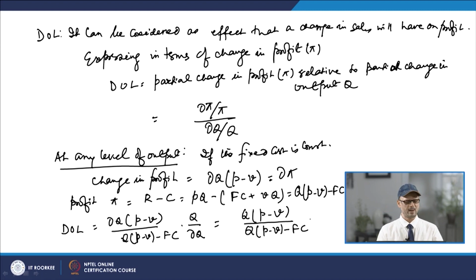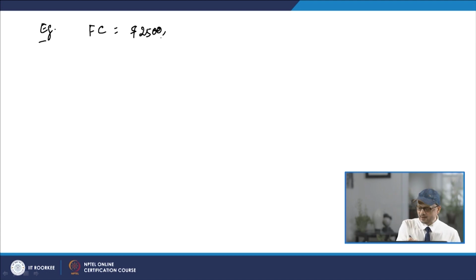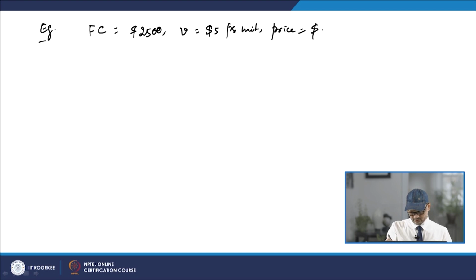Now, we can see by example. Suppose you are to find the degree of operating leverage, with certain data: fixed cost is given as $2,500, variable cost per unit is $5 per unit, and your price P is $10 per unit.